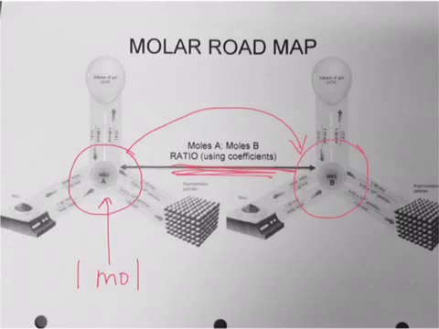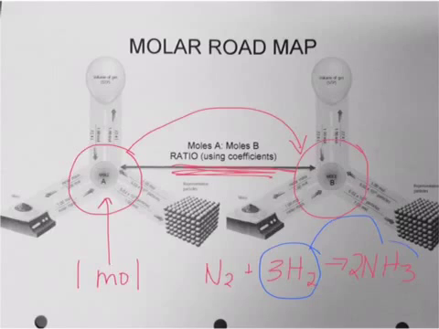Well, not anymore. If we go back to the previous equation where we had nitrogen plus 3 hydrogens making 2 ammonias, if we were actually going to be going from hydrogen to ammonia, you should notice using these coefficients, my ratio is 3 to 2.